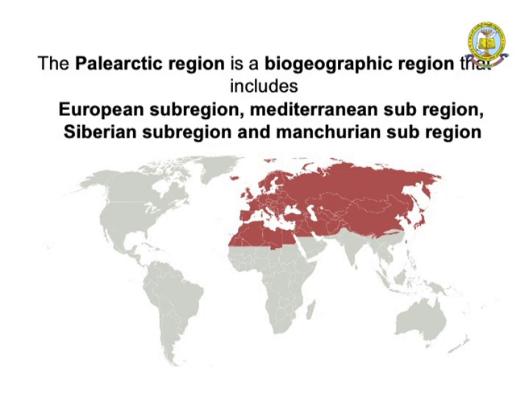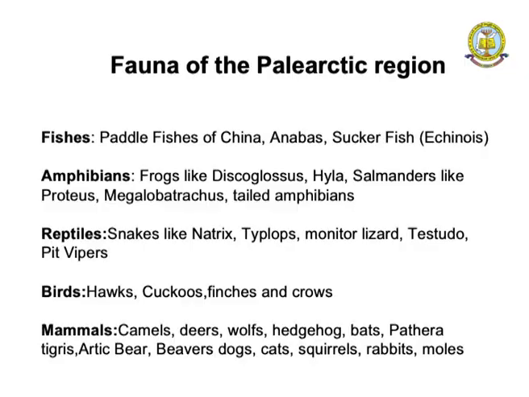Having a look at the fauna of the Palearctic region, among the fishes we see paddlefishes of China, which are specific to this particular region. They have paddle-like areas which help them in swimming.